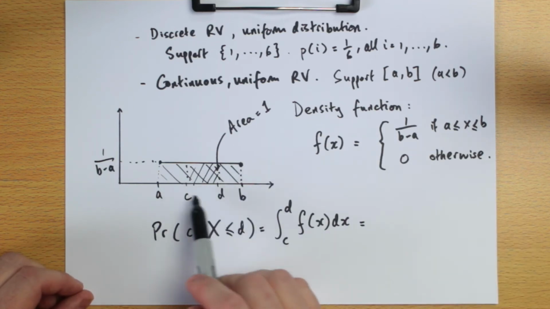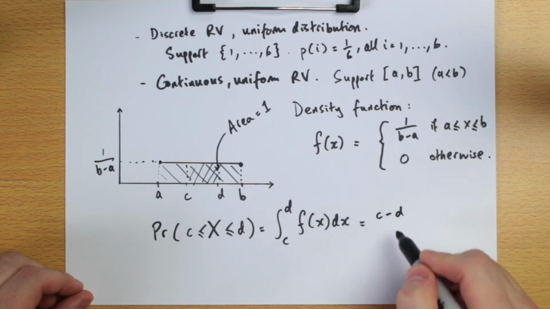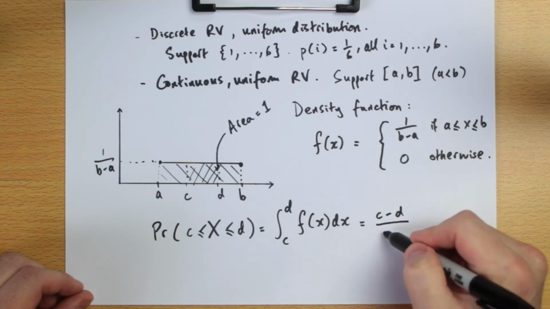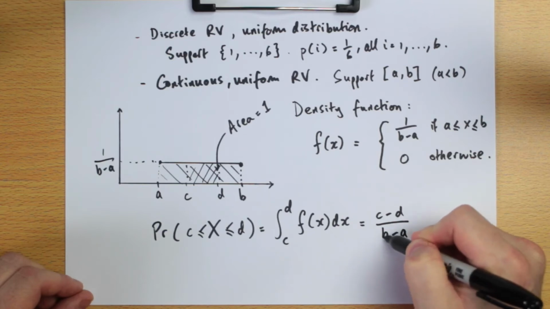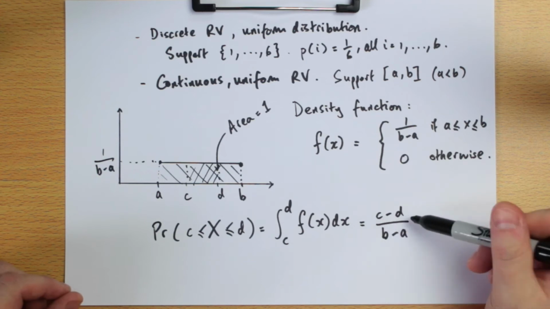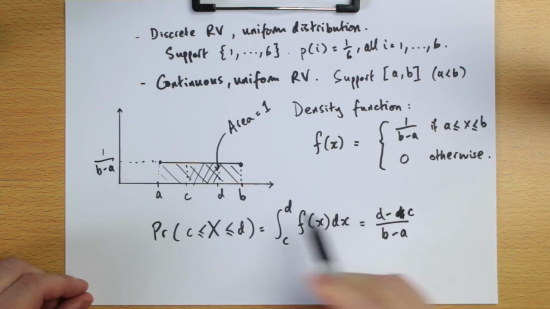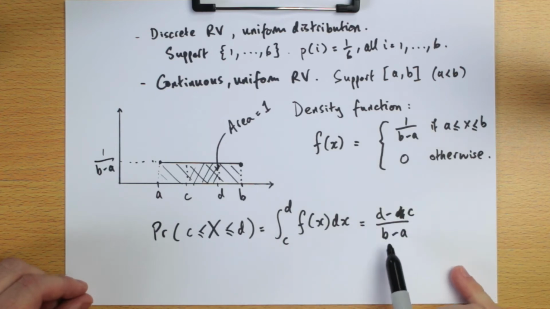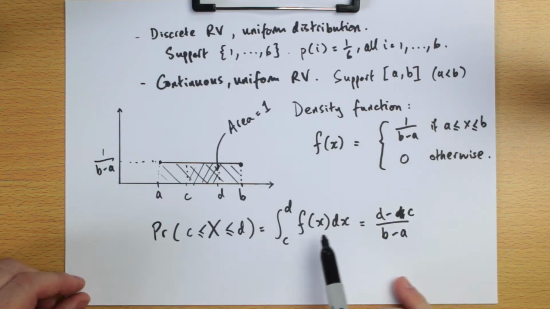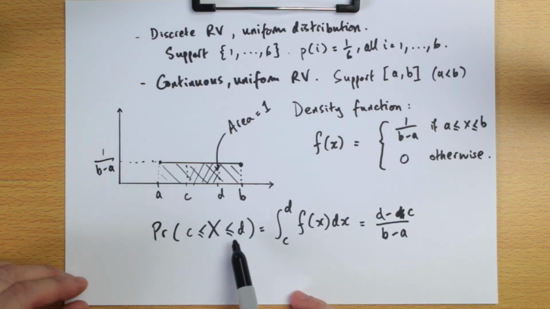Its width is D minus C, and its height is 1 over B minus A. So I can immediately calculate D minus C divided by B minus A, and this is going to tell me the probability that our random variable takes a value between C and D.